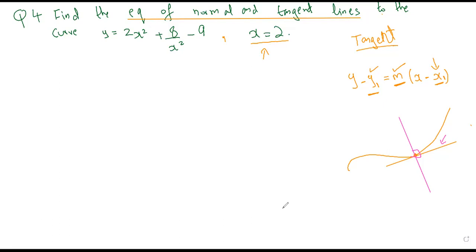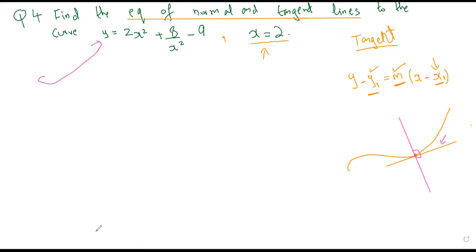All right, so let's see. Yes, for the gradient at the point x equals 2, you use dy by dx. Okay, all right. So basically, step 1 is going to be to differentiate that. So this is the curve. I will differentiate this.